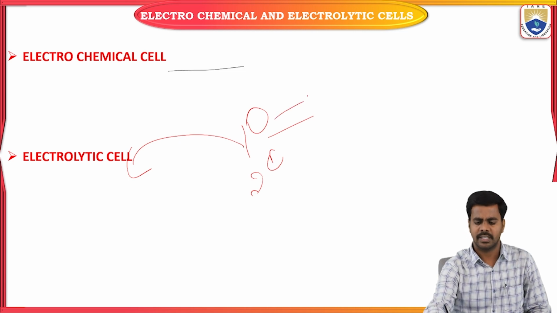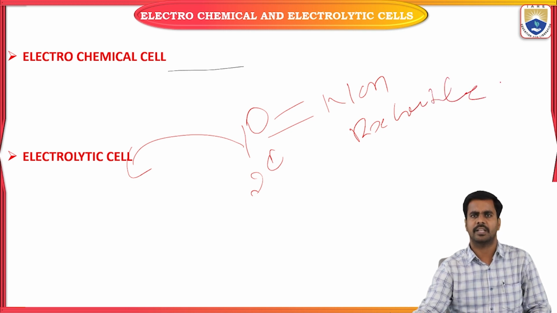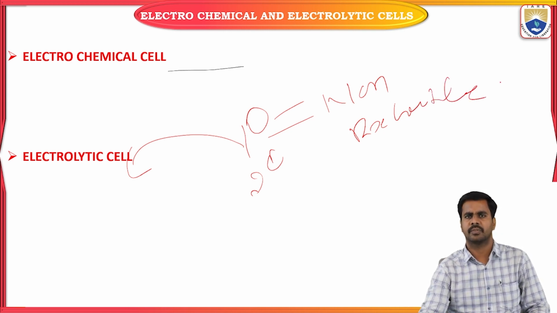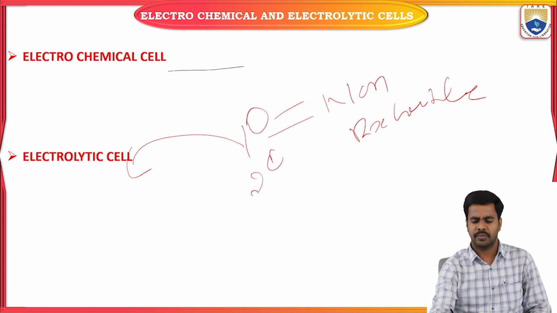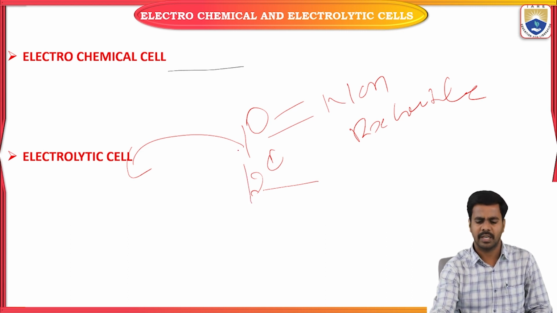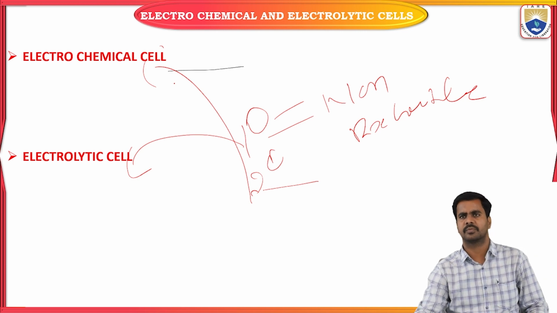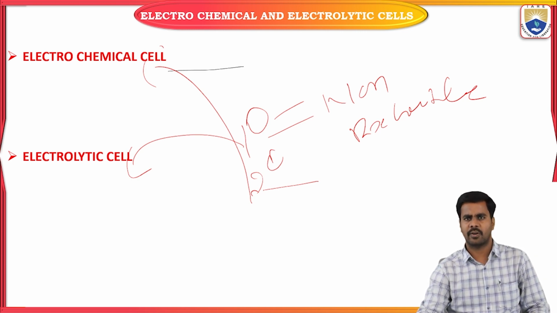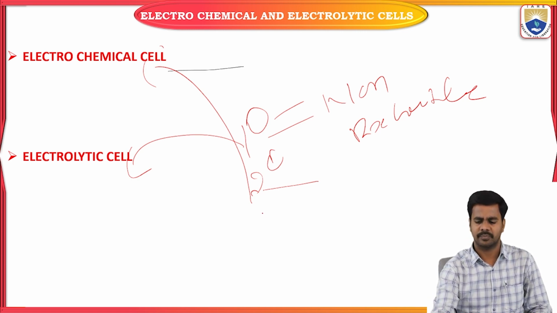That's why we can call them non-rechargeable batteries. Whereas a secondary battery acts as an electrochemical cell. That's why we can call secondary batteries rechargeable batteries.